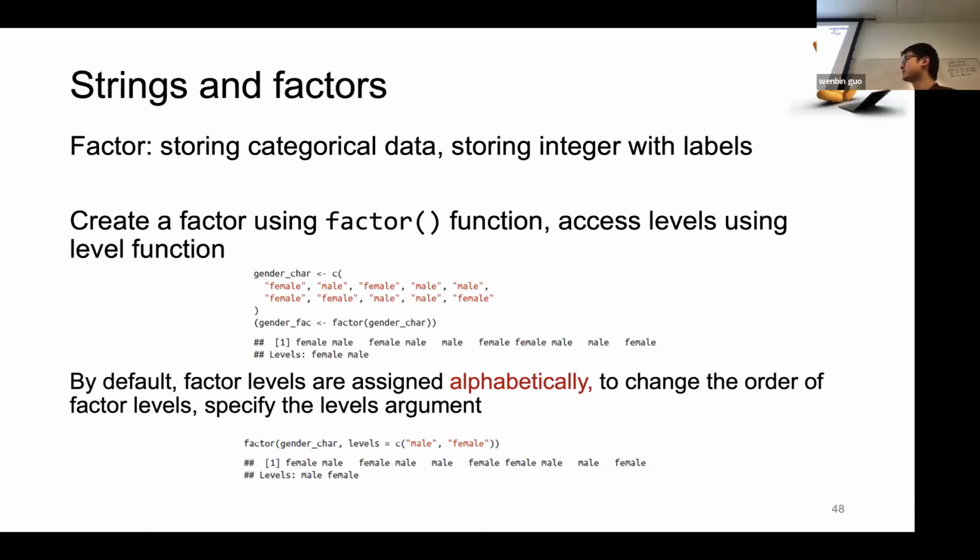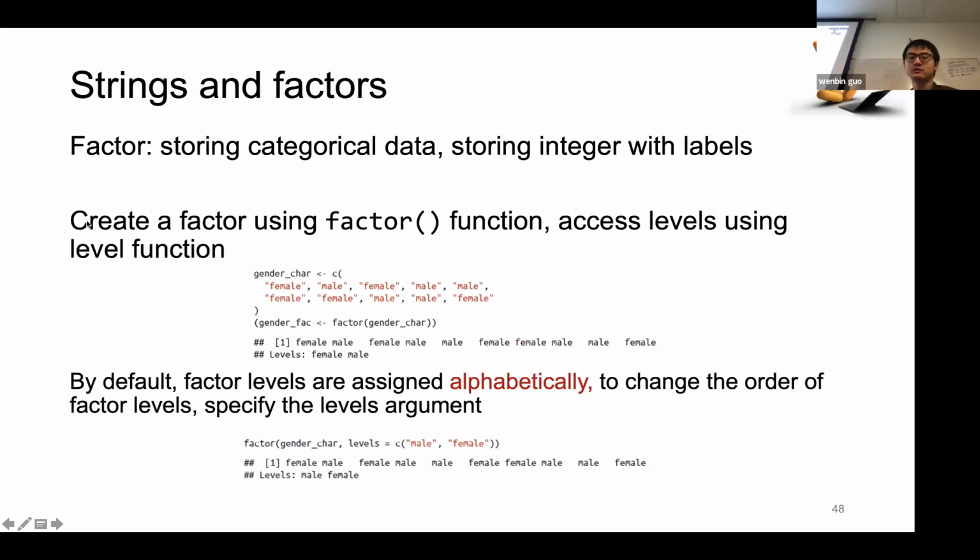If you store those strings in memory, you probably have a much bigger memory requirement. But you can convert it to factors, where you are actually storing integers, and each integer has a label, either male or female. In this way, you can achieve some memory efficiency.